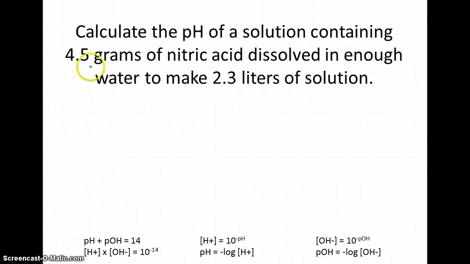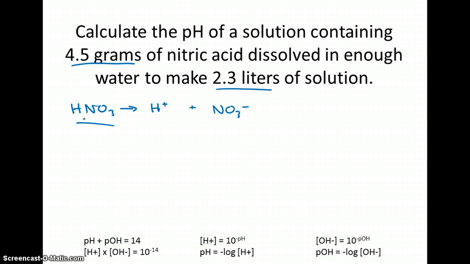For this problem, I know how many grams of nitric acid I have, and I know how many liters of solution I have. First step, nitric acid dissociates into H plus ions and nitrate ions. All right, let's figure out the molarity of the nitric acid. I have 4.5 grams of nitric acid, and I need to convert this into moles of nitric acid.